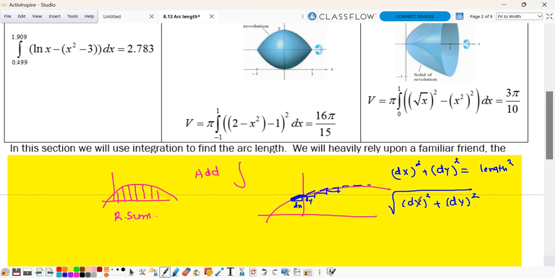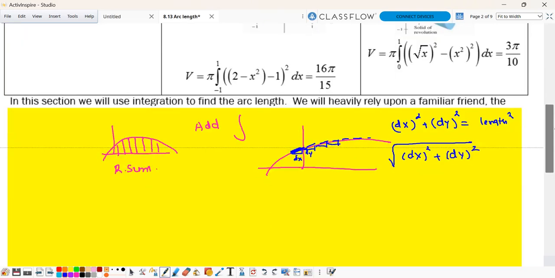Now, the concept of integral is adding. It's much easier to understand the formula if we know the concept: integration, from a to b. I'm adding all those tiny arc lengths, each one a Pythagorean theorem, taking a square root. And this is my arc length.